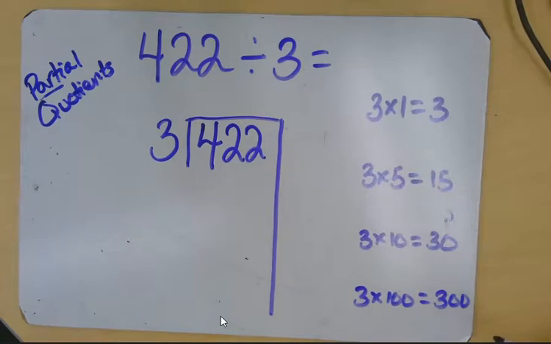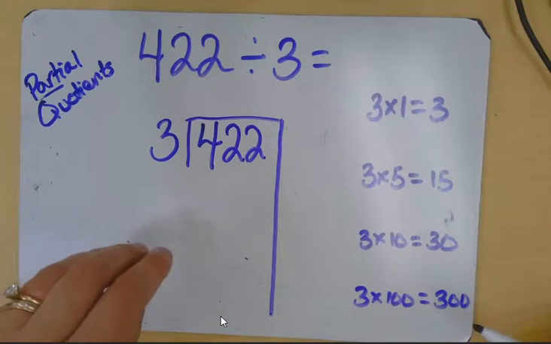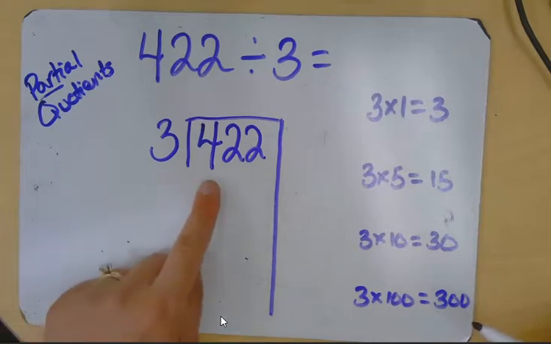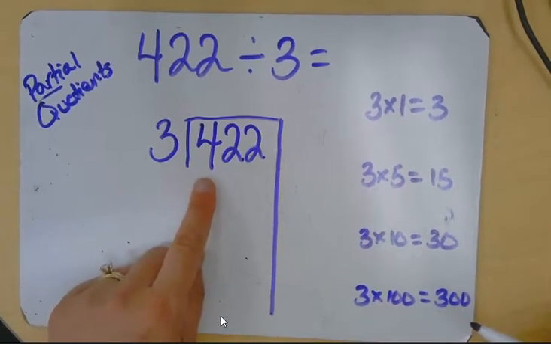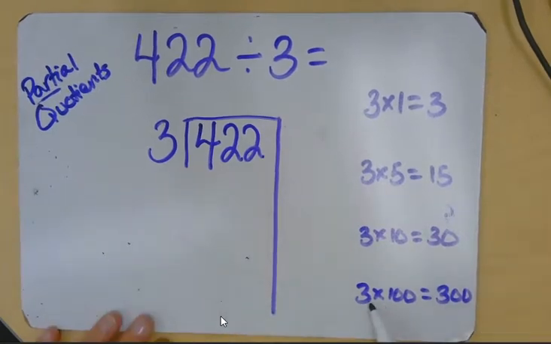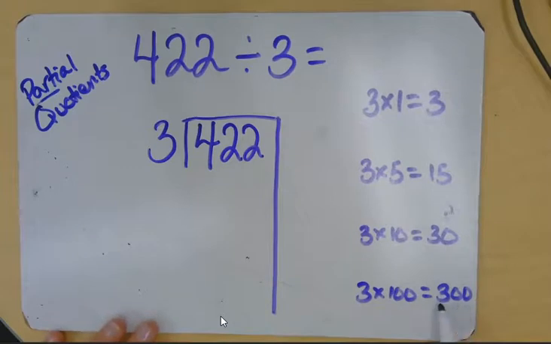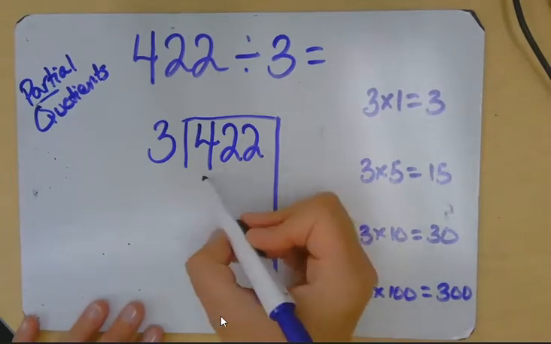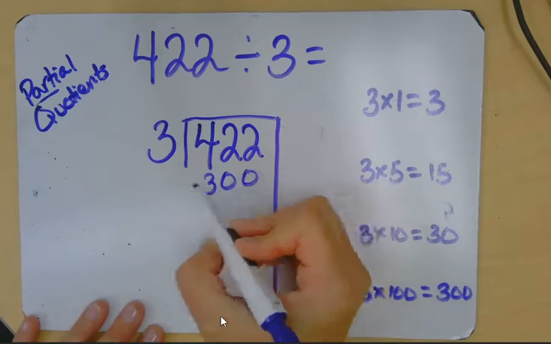It's kind of what we did with the equal share groups, where every time we put an amount inside of the circle, we took that amount away from the number of tallies we needed to place. So I noticed that if I multiply 3 times 100, I would get 300, which means I can take 300 away from 422.